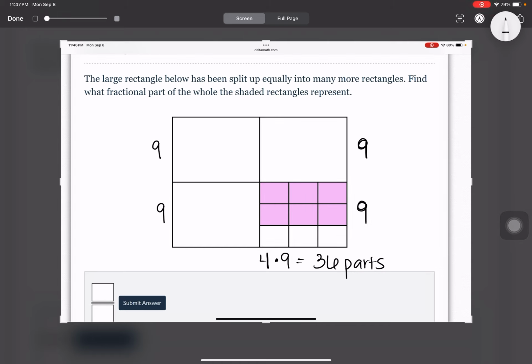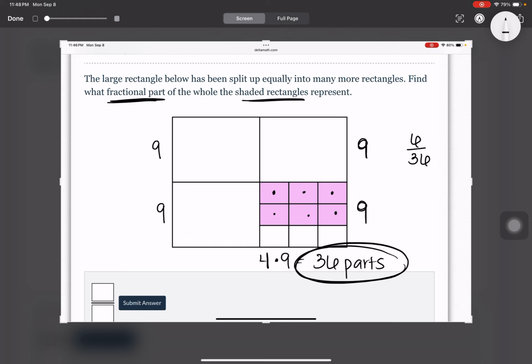In order to find the fractional part of the shaded rectangles, I have to identify my total parts, which we just found. It's 36. And the shaded section, we have 1, 2, 3, 4, 5, and 6. So it would give me 6 out of 36 as my shaded section.